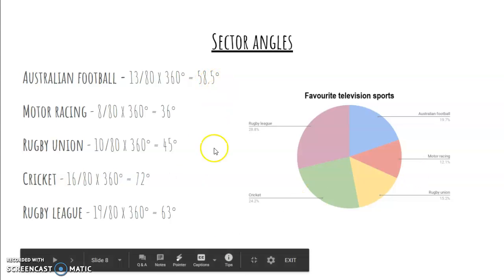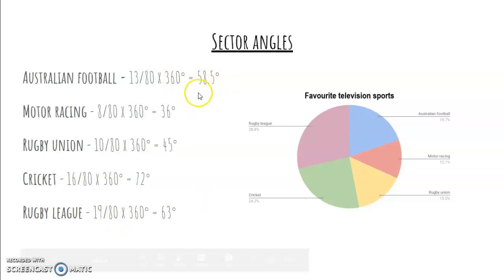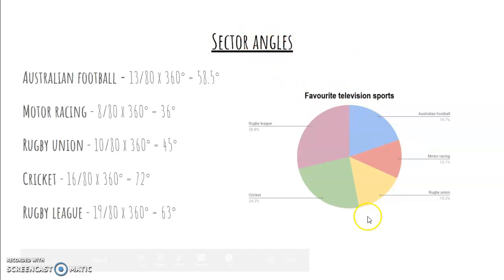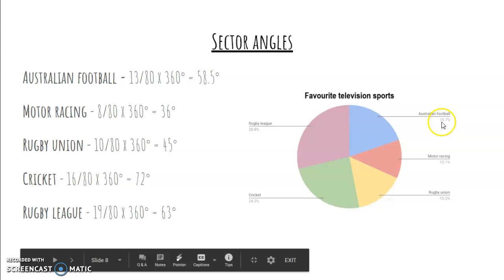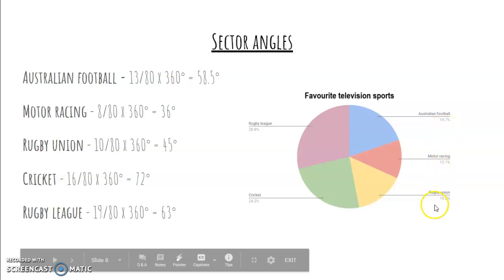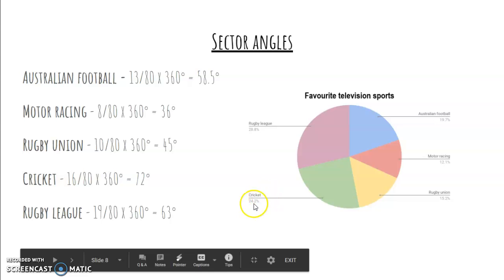So that's how you find how many degrees is needed for the pie graph, or the angles of the pie graph. So here I have got the percentage on this as well. So Australian football is 19.7, motor racing is 12.1, rugby union is 15.2, cricket is 24.2, and rugby league is 28.8.